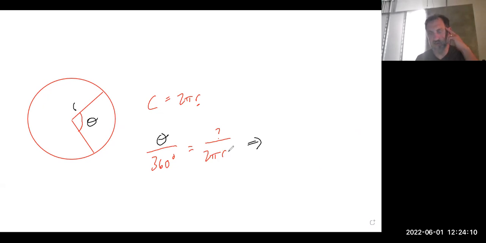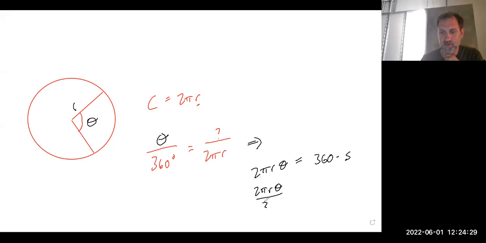So I'm still thinking in terms of degrees because I got this as theta over 360. Then it's going to be 2 pi r theta equals 360 times the arc length, and we'll call the arc length S. Right, so then I'm dividing by 360, so 2 pi r theta over 360 equals S.